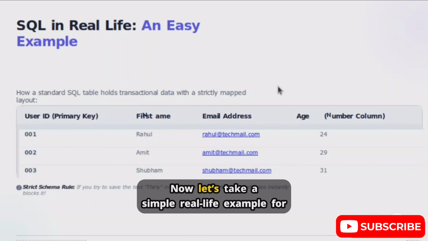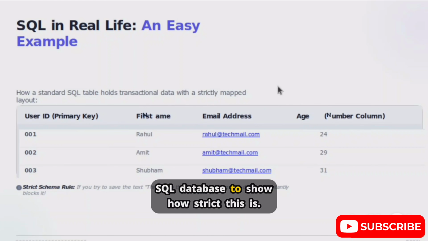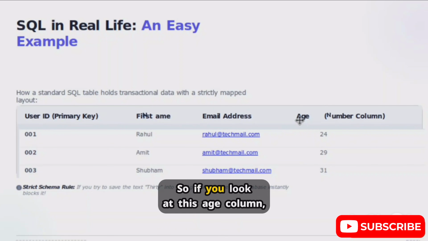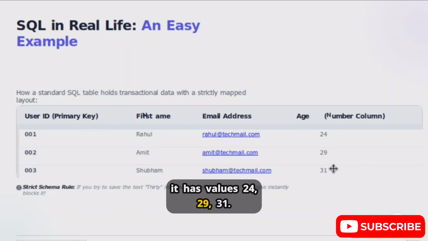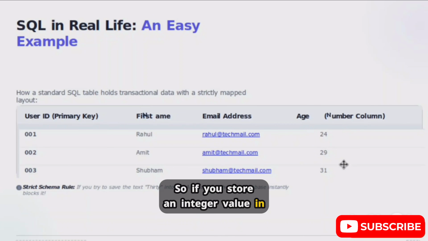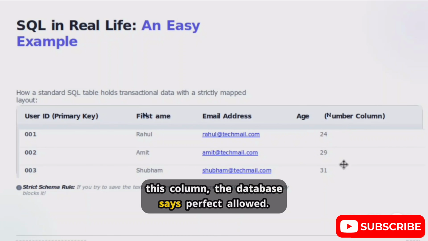Now let's take a simple real-life example of a SQL database to show how strict this is. Look at this slide. If you look at this age column, it has values 24, 29, 31. These are integer values. If we store any integer value in this column, the database says perfect, allowed.